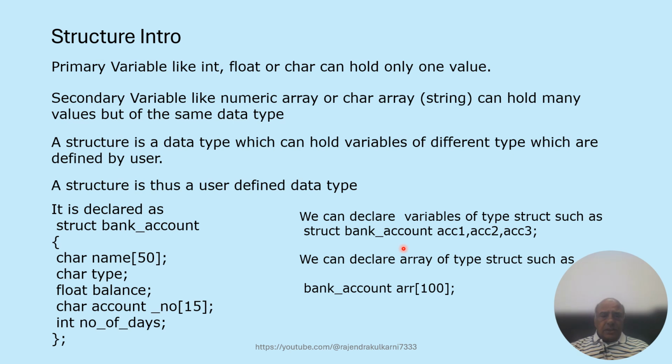We can even declare an array of type struct such as bank account ARR with dimension 100. It can be 200, 500 depending on the memory available for the program.